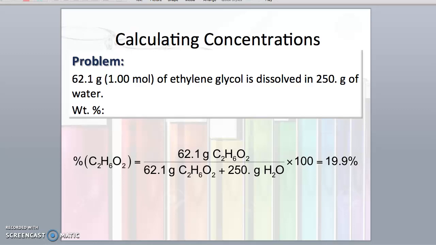And I should note here that if we have two components and 19.9% is the ethylene glycol, if we were asked what's the percent of the water, we could do 100 minus 19.9, or we could put the mass of the water in the numerator over the mass of the solution times 100 to get at that answer.